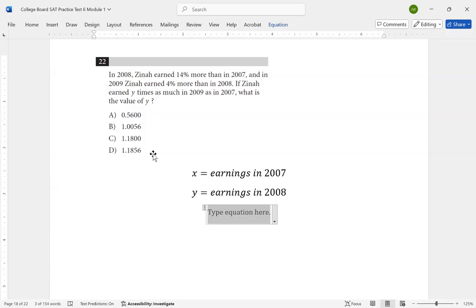And her 2009 earnings, I'll call that Z, is 4% more than 2008. So we have an equation that says Y, the earnings in 2008, is 14% more than the earnings in 2007.